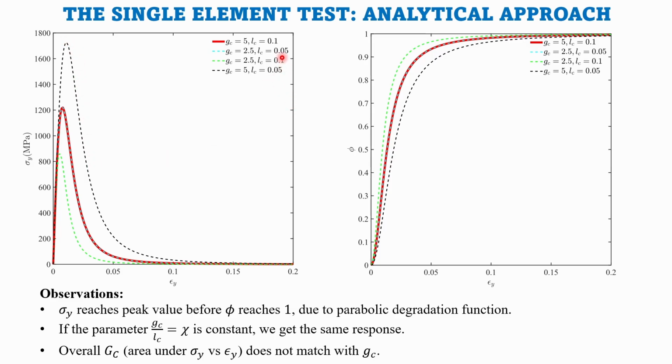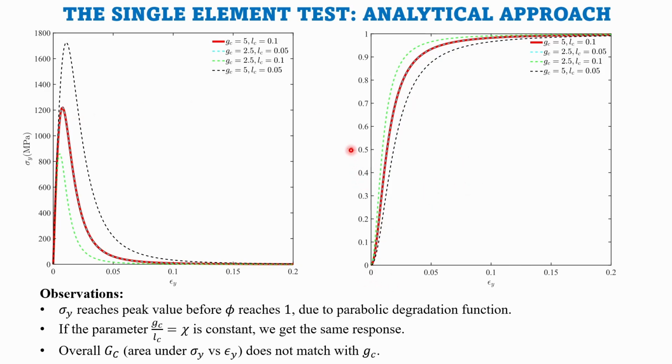So we are not concerned about these two curves. Why? Because we are always behind things that match, correct? So we look at this red curve and the cyan curve, and we see that these two curves match. So we are happy.